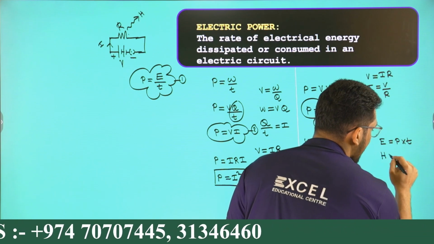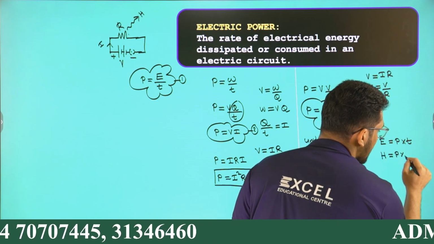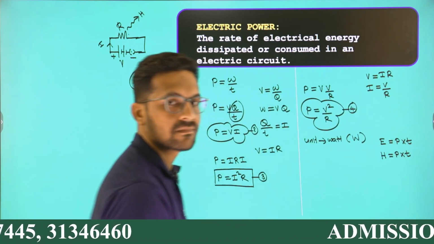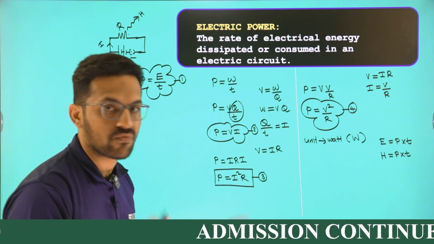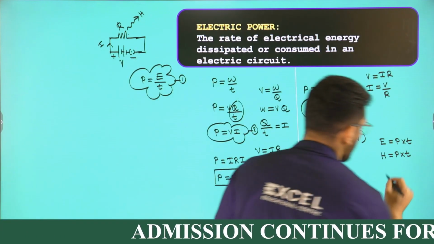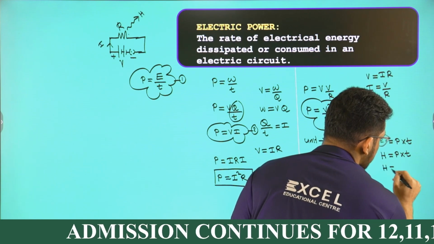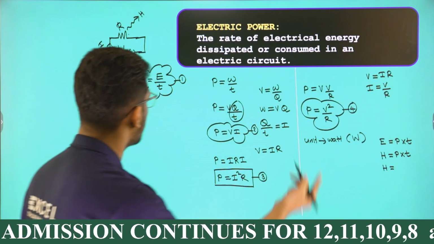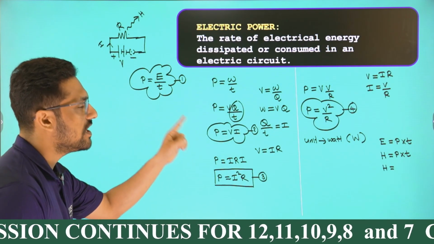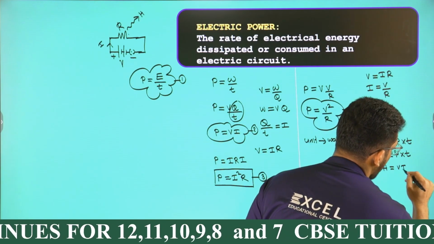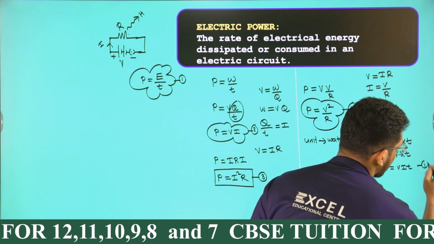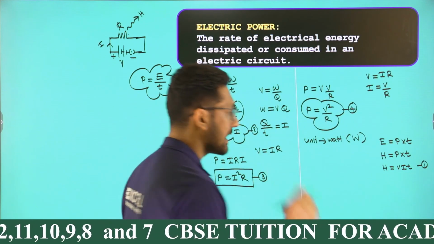So you can write H is equal to power into time. How many equations does power have? That many equations will be for heat also. What is the first equation? H is equal to power into time, V-I-T. First equation.